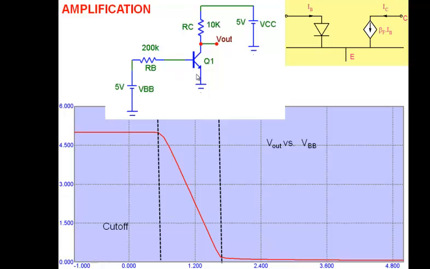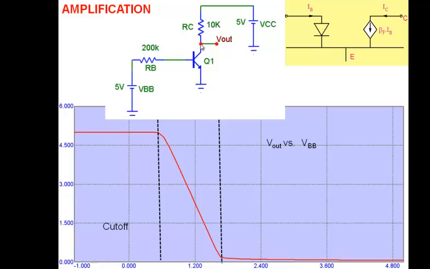As I turn my transistor on, a base current will flow. And as the base current flows, a collector current flows. And as the collector current flows, what happens to Vout? There's a drop now in RC. So the collector voltage, this voltage that you see here, starts dropping. Initially from 5 volt, it will drop to 4 and 3 and 2.